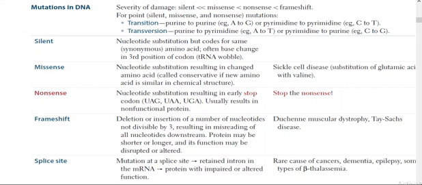That is non-conservative substitution of amino acid. What is non-conservative substitution? It means if an acidic amino acid in the protein is replaced by either a non-polar or basic amino acid, which brings changes in the structure and function of the protein. The common example is sickle cell disease.